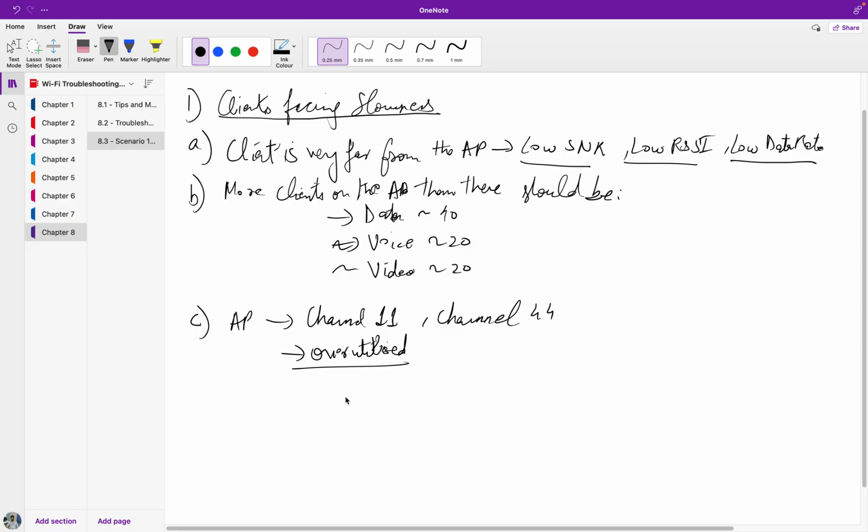It could be because of multiple reasons, like Wi-Fi interference on the channel. Okay, it could be because of non-Wi-Fi interference as well on the channel. So only Wi-Fi interference doesn't really cause the overutilization to happen. It could be non-Wi-Fi interference also that could be the cause. So for this, get a spectrum analysis done.